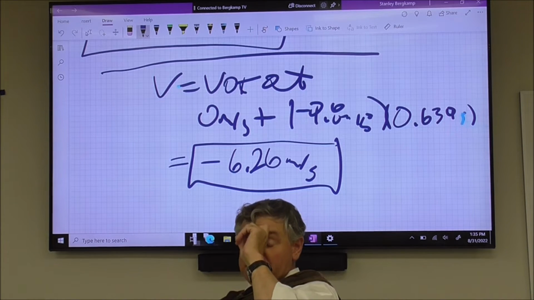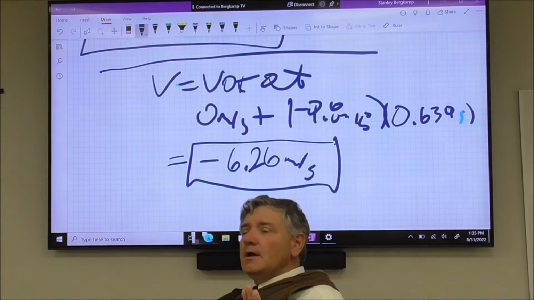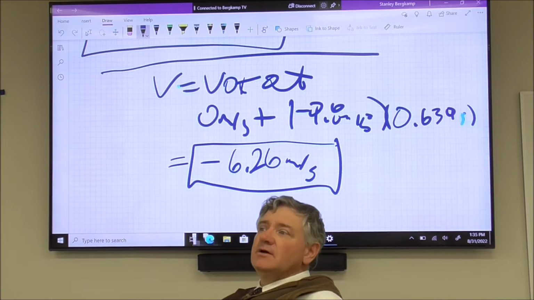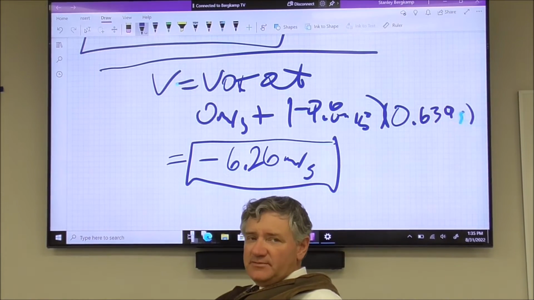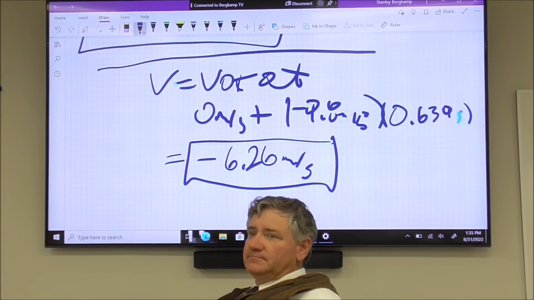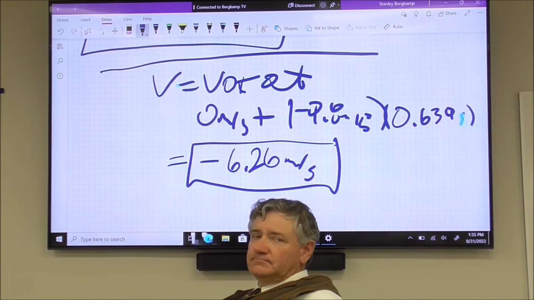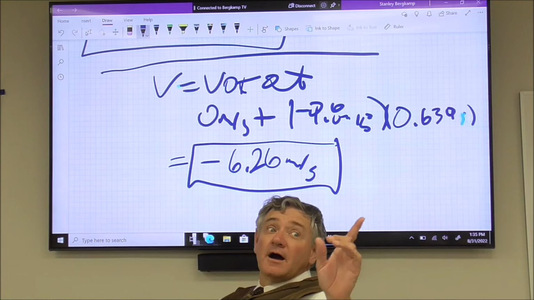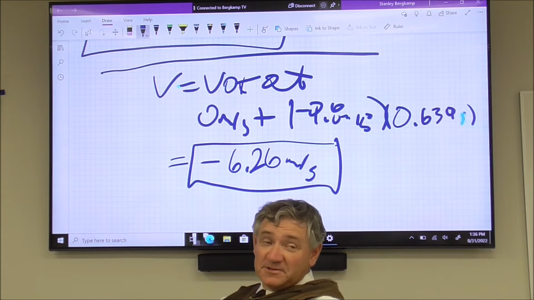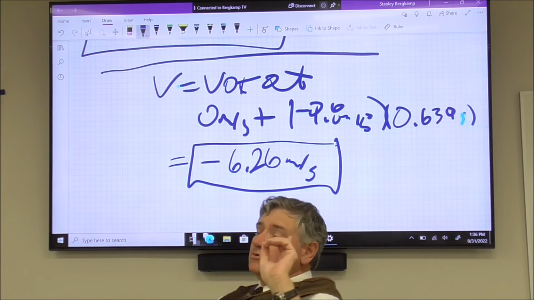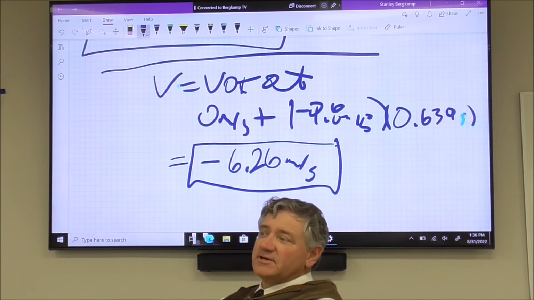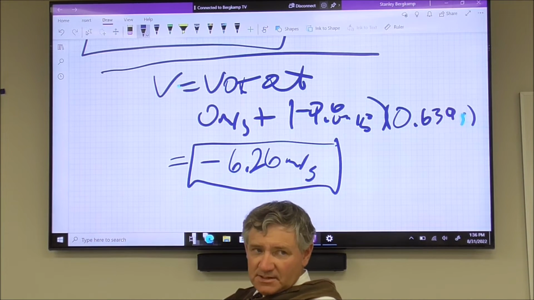Now, let's look at the big picture. Does it make sense that that velocity was less than negative 9.8 meters per second? Yes. Why? Because you're not traveling for a full second, so it won't get up to negative 9.8. You have to understand what acceleration is: acceleration is your rate of change in your velocity.